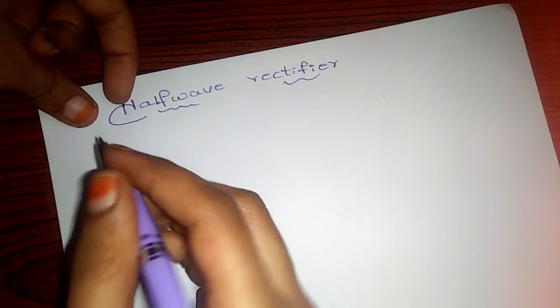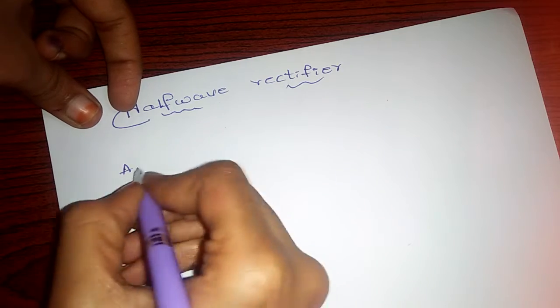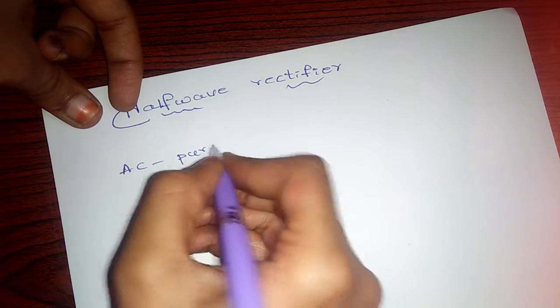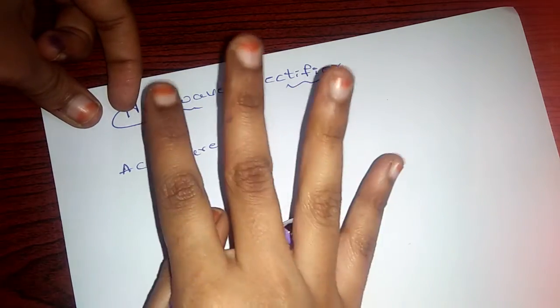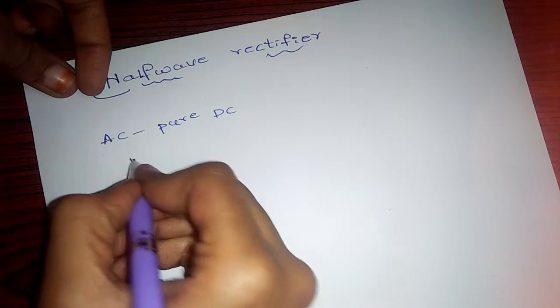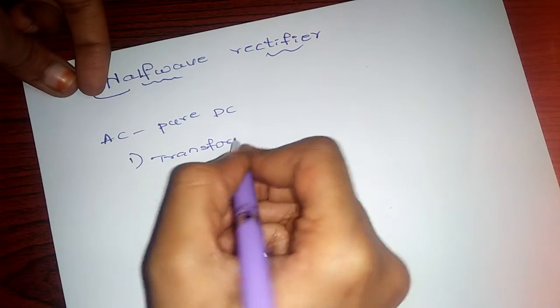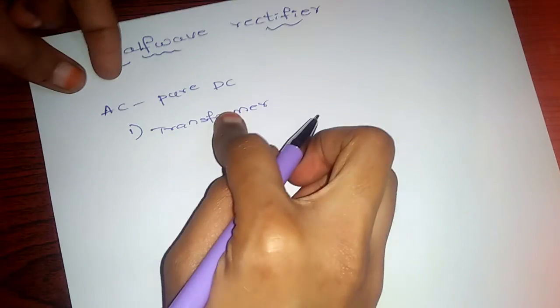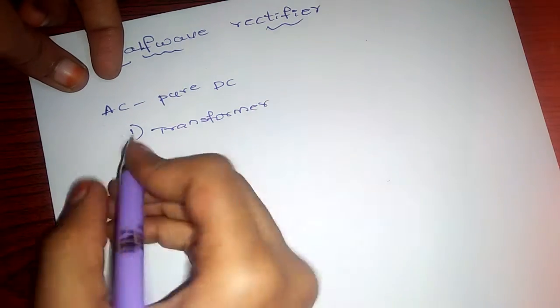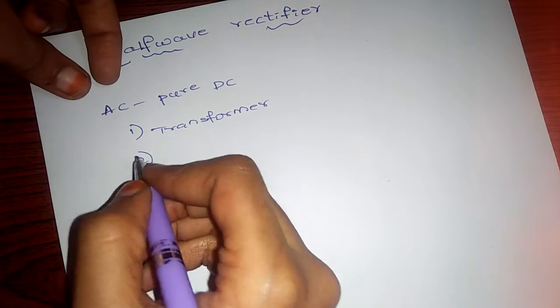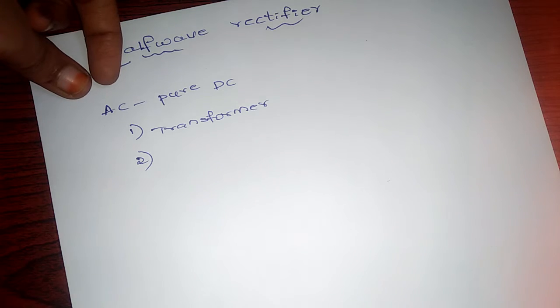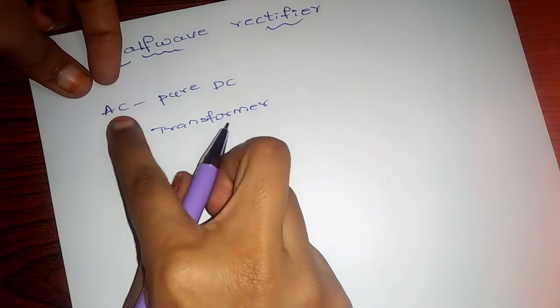To convert AC to pure DC, we have 4 steps. The first one is the transformer. In the first step we use a transformer, which is used to step up or step down the AC voltage.